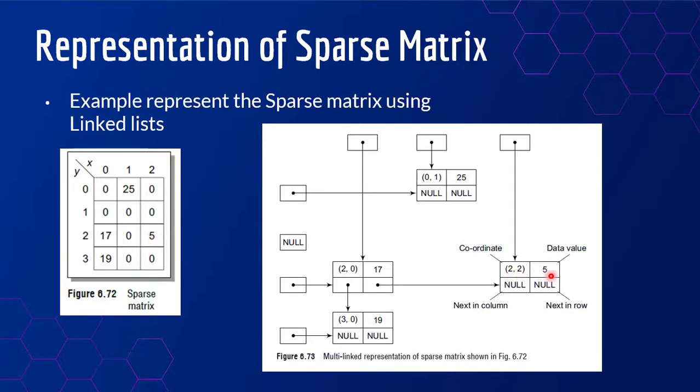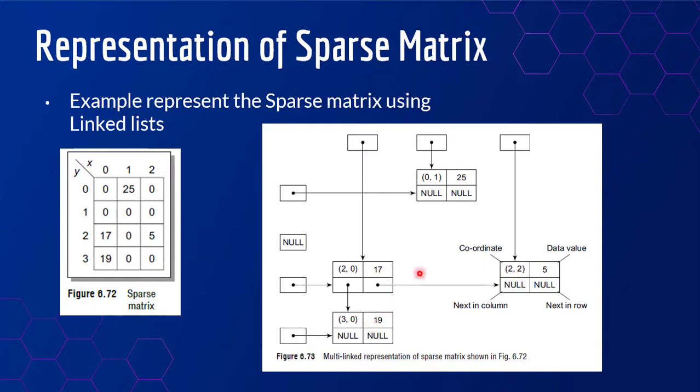So you put it here. These are the row links and these are the column links, with indices 0, 1, 2 and 0, 1, 2, 3. Finally, in the third row, last column, we have the last element, which is 19.